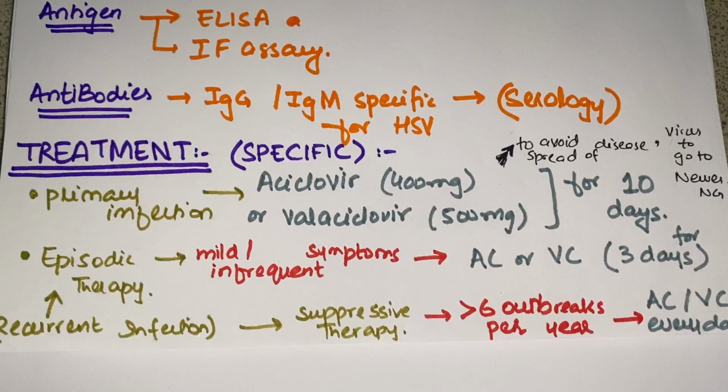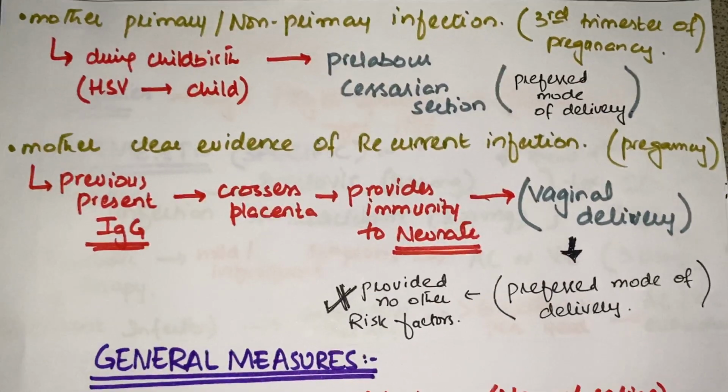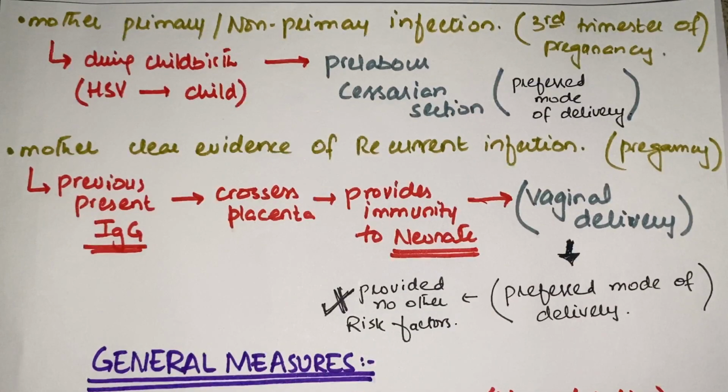Moving on, since we are talking here about gynae, the mother. Suppose the mother has acquired the infection, primary or non-primary, during the third trimester of her pregnancy. We know that it can spread through the birth canal, since it is a sexually transmitted disease.